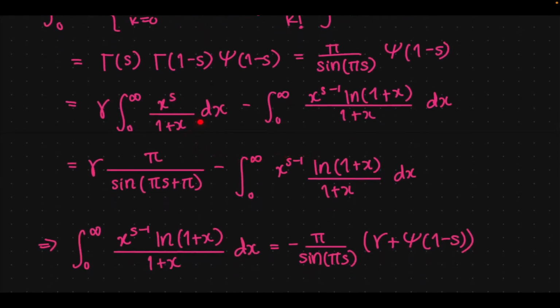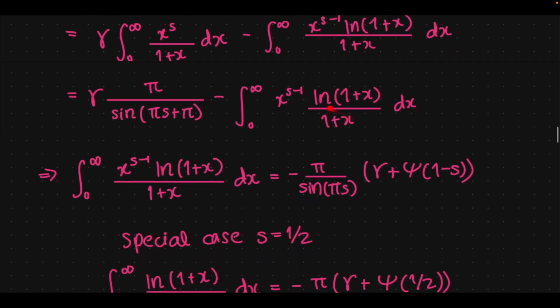The first term is a well-known Mellin transform. I actually proved it using contour integration in one video. So we have Euler-Mascheroni times pi over sine of pi s, plus pi, minus the integral 0 to infinity x to the s minus 1 natural log of 1 plus x over 1 plus x dx, which is the integral we're interested in. So we just make that the subject of the equation.